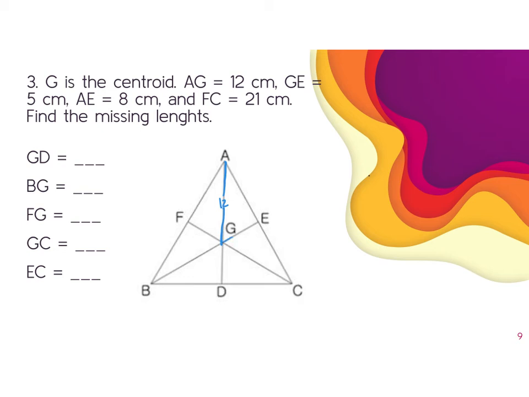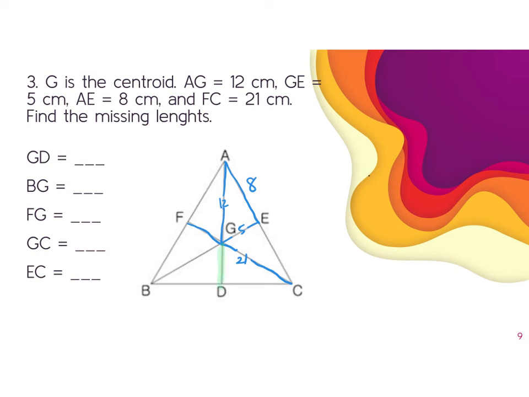GE is 5. AE is 8. FC, this whole length here, is 21. And we need to find the missing length. So find GD. GD is here.